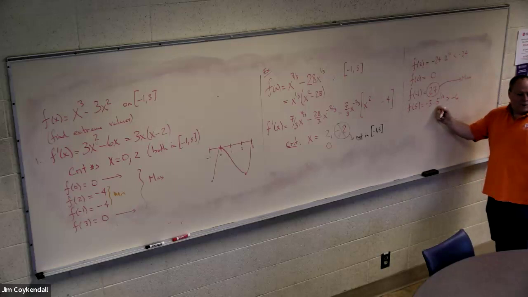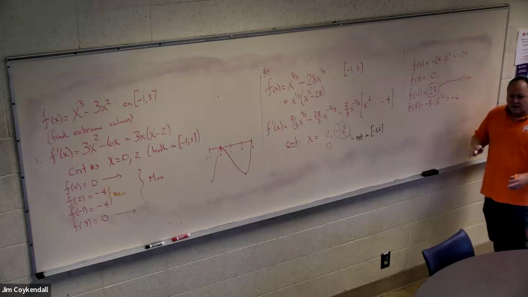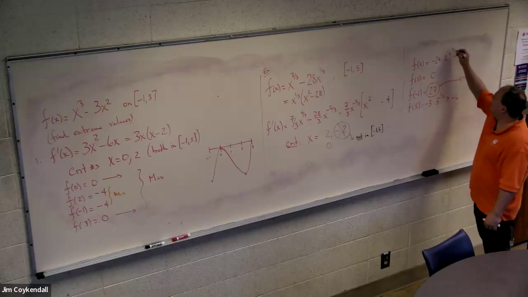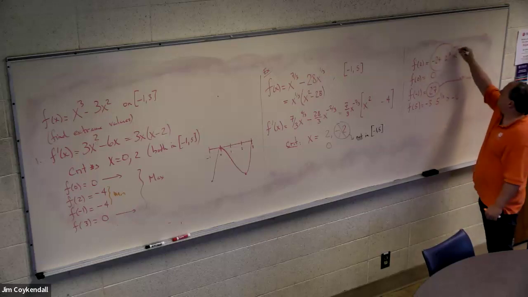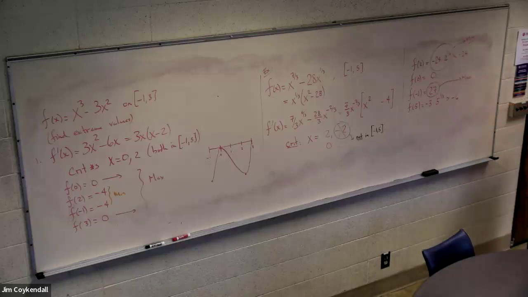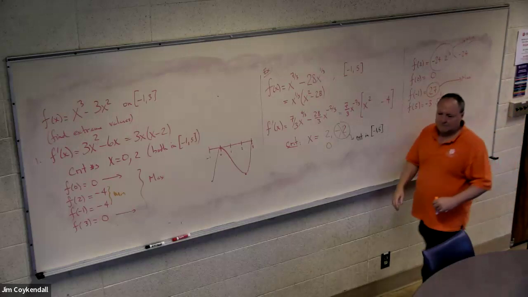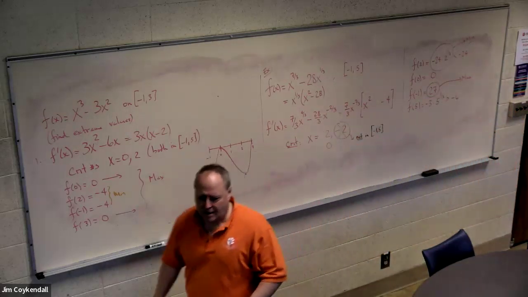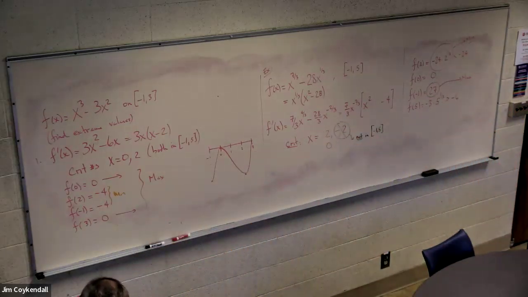Because 5 to the 1/3 is quite a bit more than 1. So the most negative this could ever be, it's actually not quite as negative as 6. So I don't have to know the exact number to know who wins the contest. You're right, it's this one. Everybody okay with it? Okay.